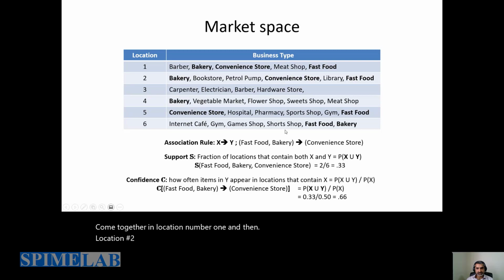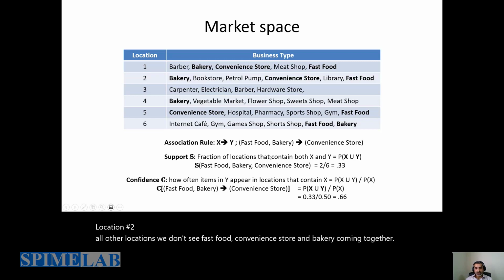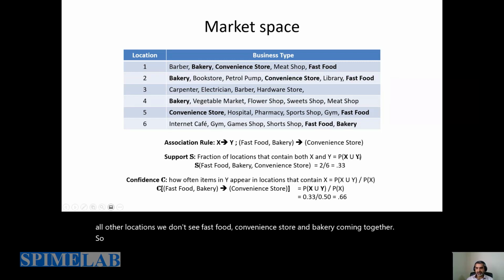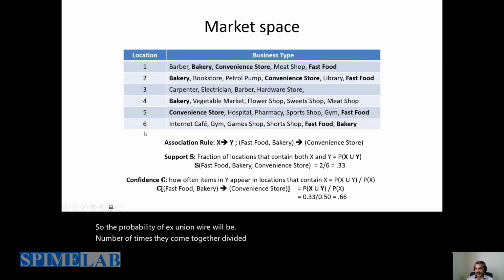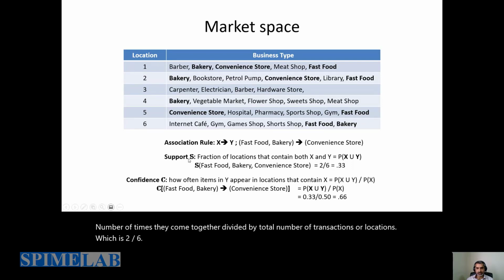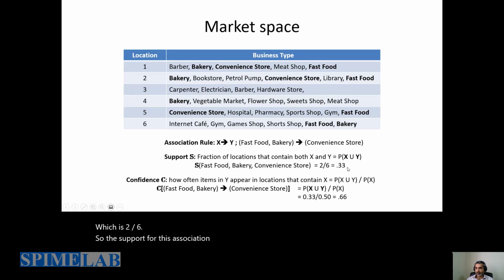In all other locations, we don't see fast food, convenience store, and bakery coming together. So the probability of X union Y will be the number of times they come together divided by total number of transactions or locations, which is 2 divided by 6. So the support for this association rule will be 0.33.